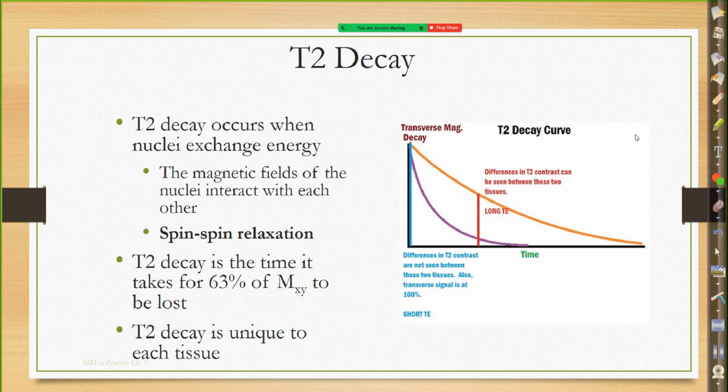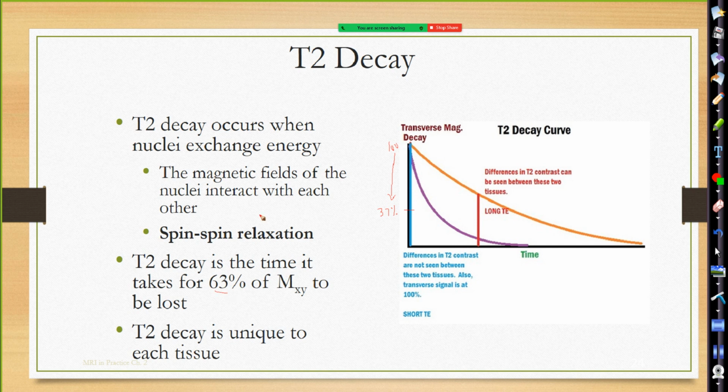So that's why you get that number 37 on this axis here. Because we start off with 100%, it has dropped to 37, and the difference between that and 100 is the 63.